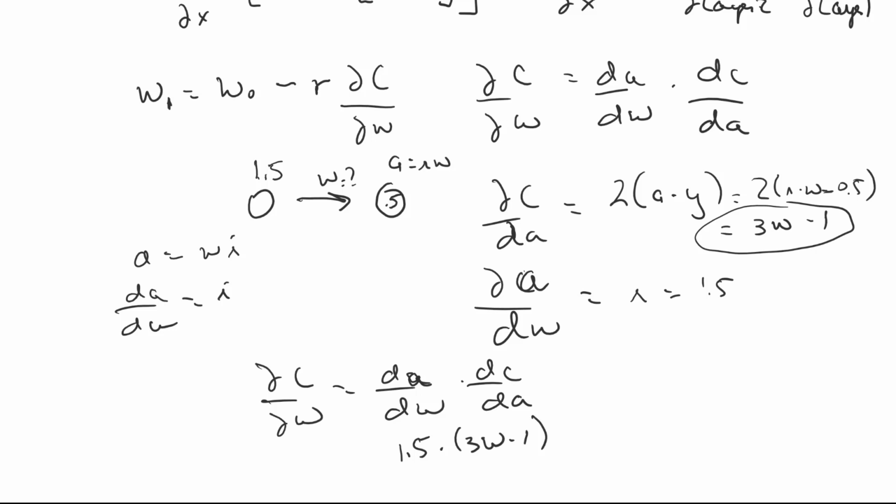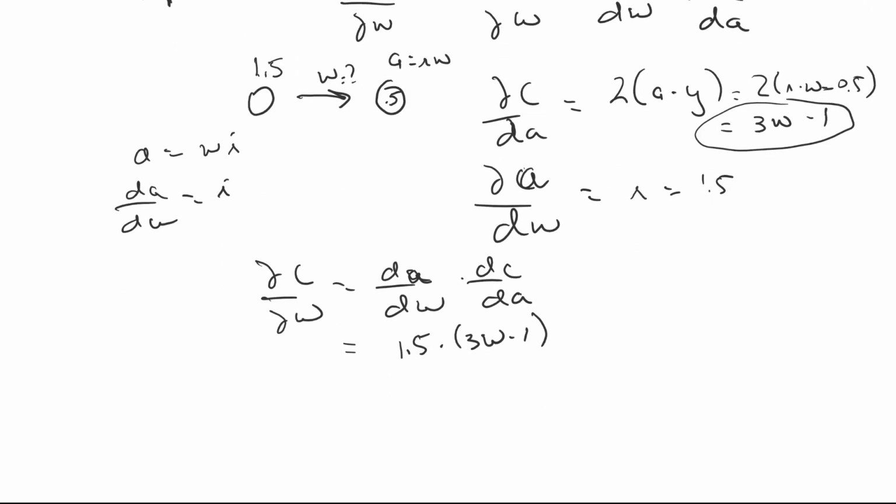We have had to keep track of everything here, and bottom line, this becomes 4.5W minus 1.5. Now we need to change the next weight: W1 is equal to the original weight minus something called the learning rate times dC over dW. And we just calculated dC dW, which is 4.5 W naught minus 1.5.